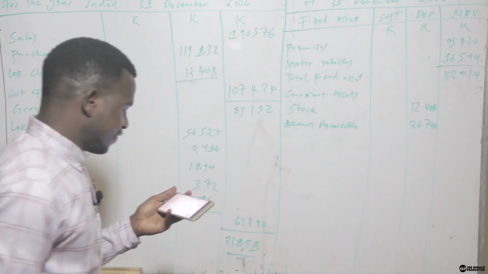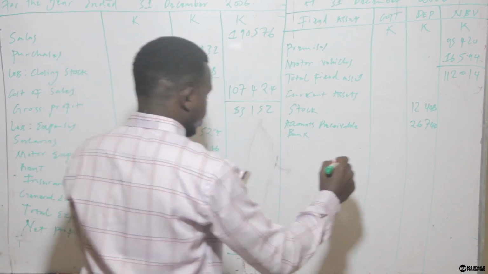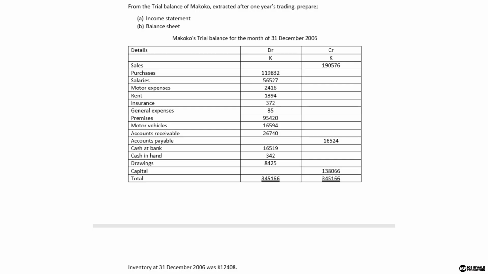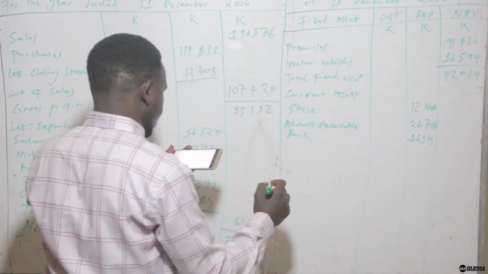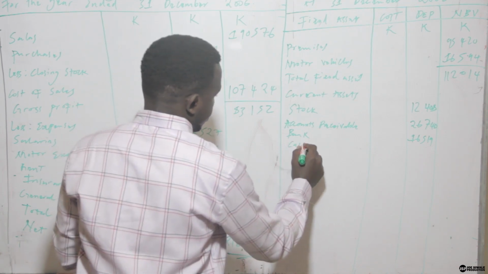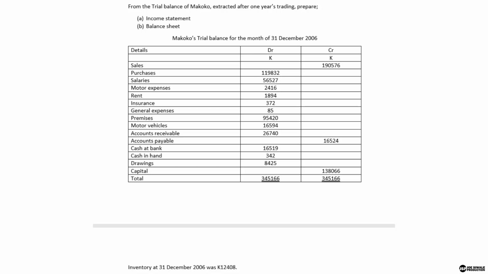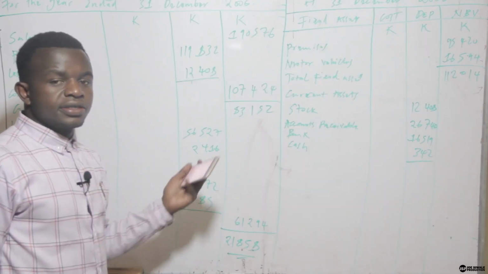Then we are also having bank amounting to 16,519. Then we are having cash amounting to 342. So these are the current assets that we have in the trial balance.